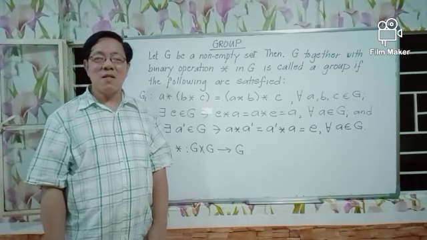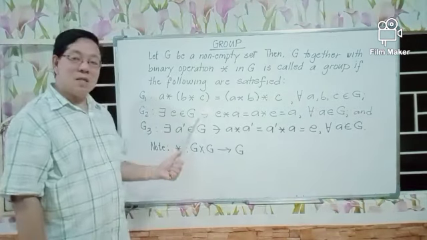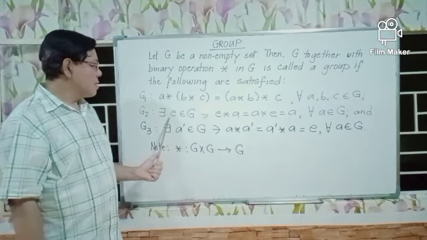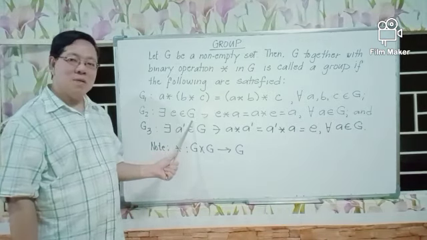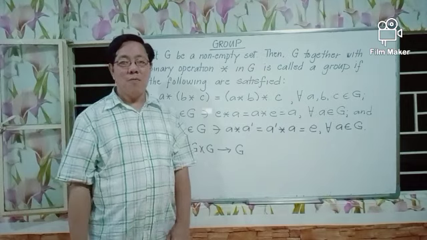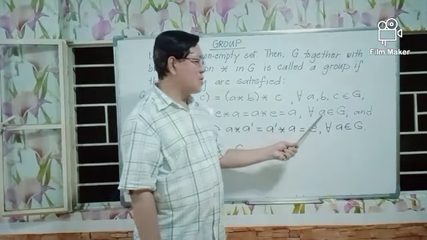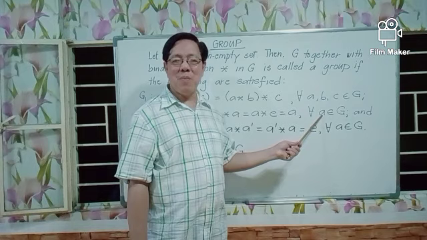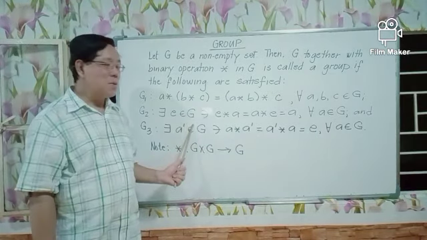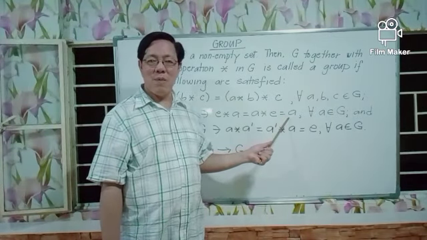This property says that there is one element in the non-empty set G, denoted by small letter e, such that if you combine this element with any other element of the non-empty set G, denoted by small a, using the binary operation star, the result is that element a.